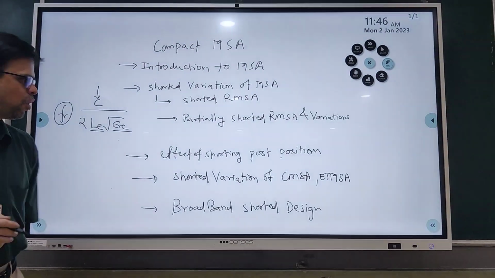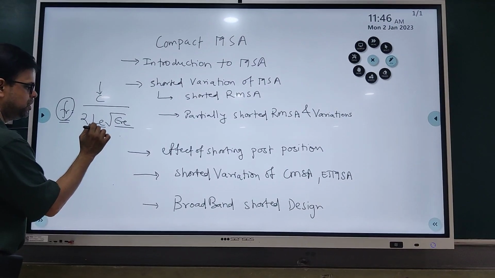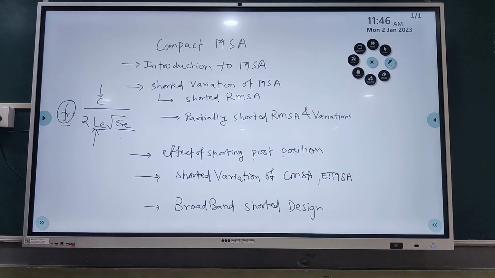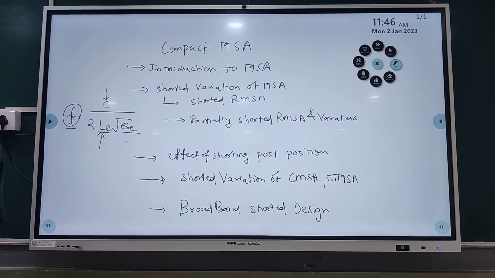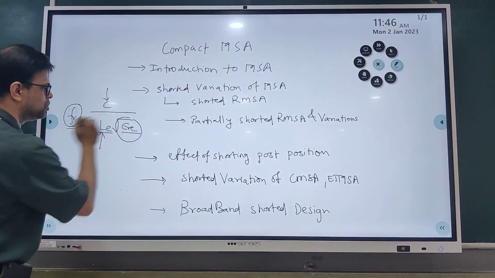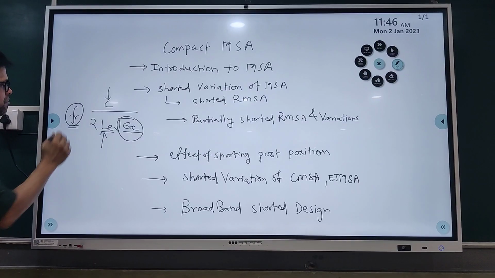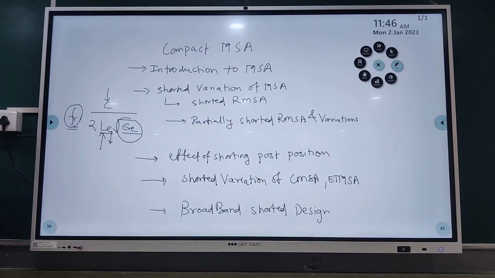For a given frequency, I need to reduce Le as much as I can, and looking at this equation, one parameter which comes to my rescue is the dielectric constant. If I increase the dielectric constant, then for a given frequency, the size will reduce.